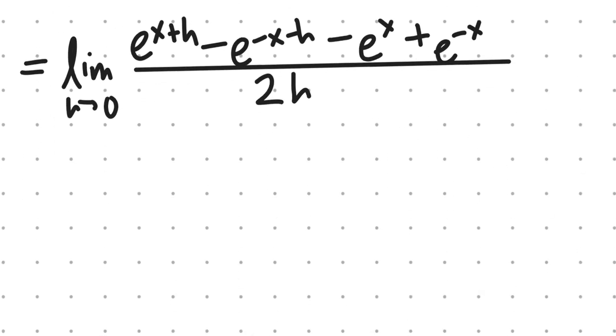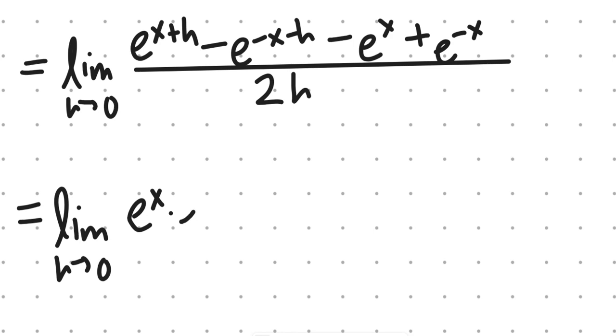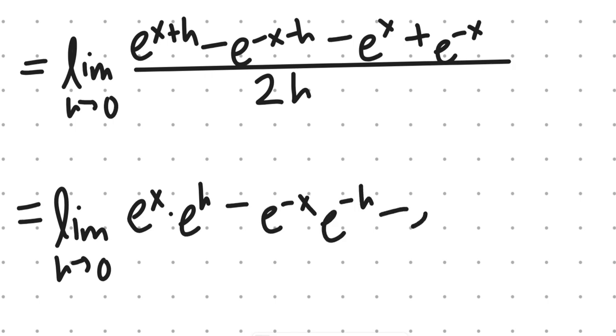Now we can use the rules of exponents to write it in another way. It will be the limit as h approaches 0 of e to the x times e to the h, because e to the a plus b is equal to e to the a times e to the b, minus e to the negative x times e to the negative h, minus e to the x plus e to the negative x, all over 2h.